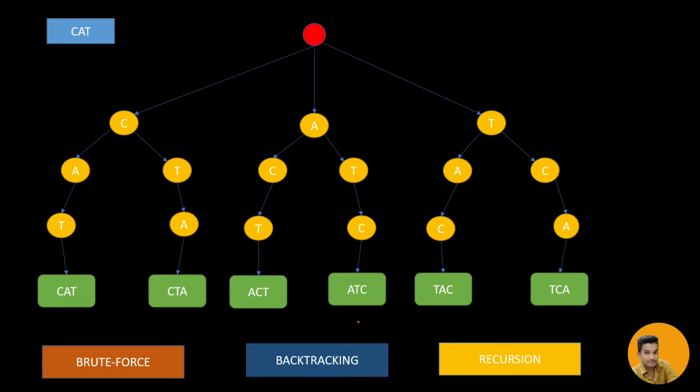Okay, alright, so let us look at the procedure, how we can proceed. Here, as an example, cat is taken and I have two indexes, low and high. We'll see what's the meaning of low and high. Actually, low and high help us to scrutinize all possibilities.